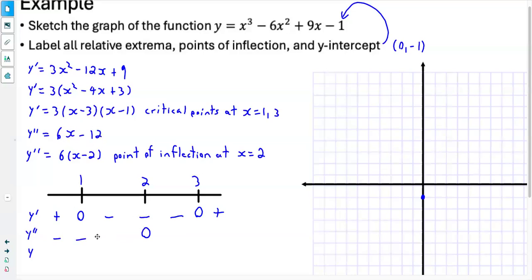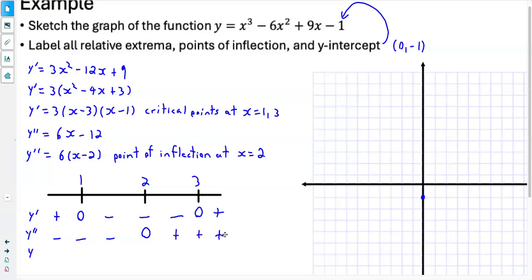So we know everything to the left of this 2 would be negative. If I substitute 3 in, that gives me 6 times (3 minus 2). So we have a positive times a positive, so that should give us positive.